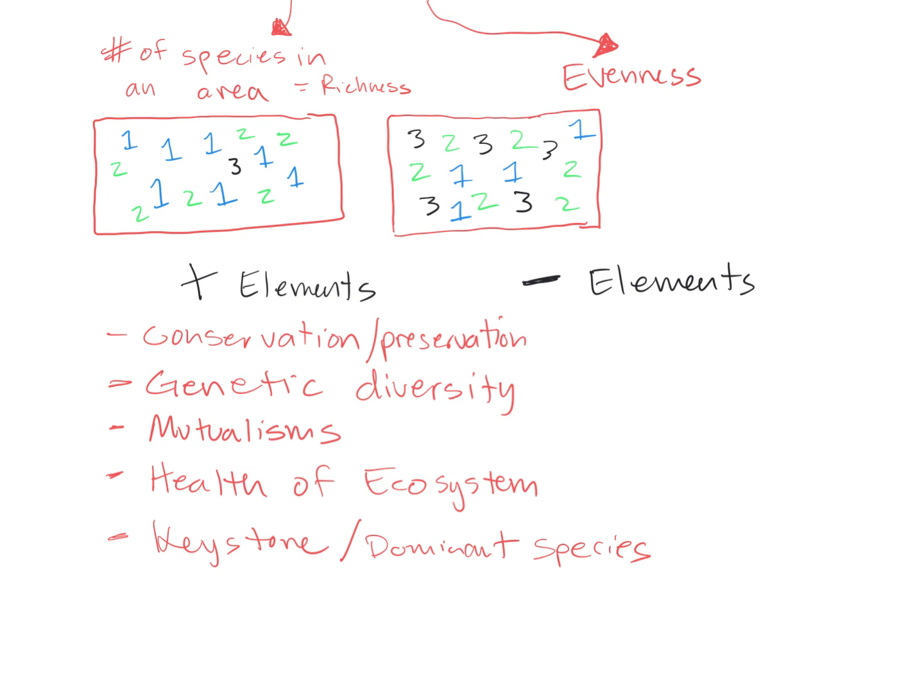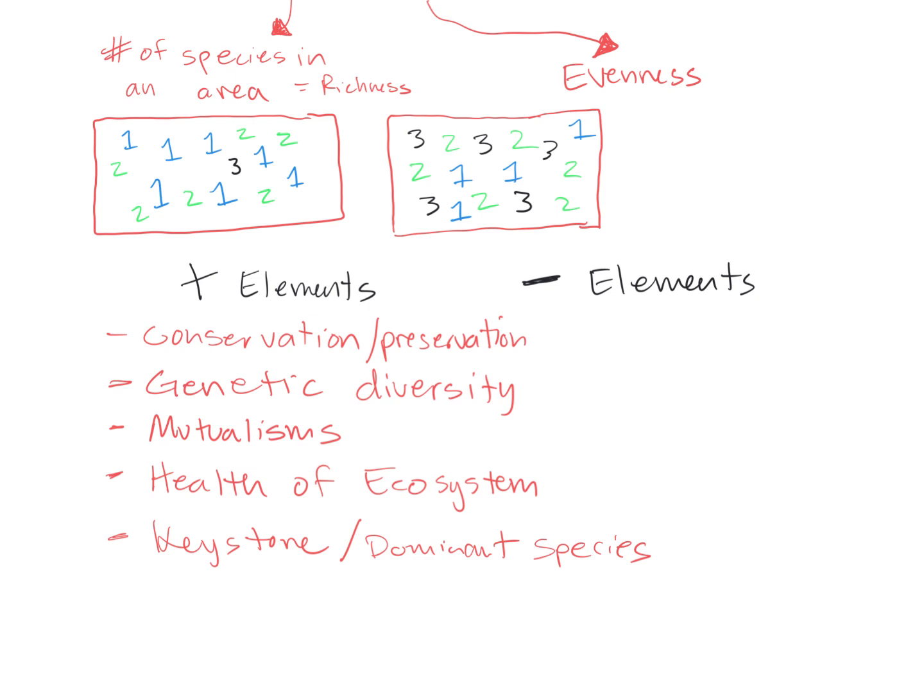But let's say a large, very abundant species of tree goes extinct, well, that's going to have a much bigger effect. The more dominant and keystone species, the more species in general that are lost in the environment, generally the health of the ecosystem will decline as well.